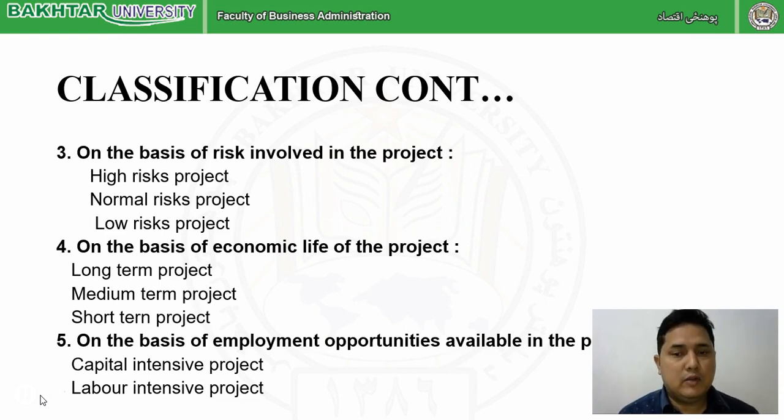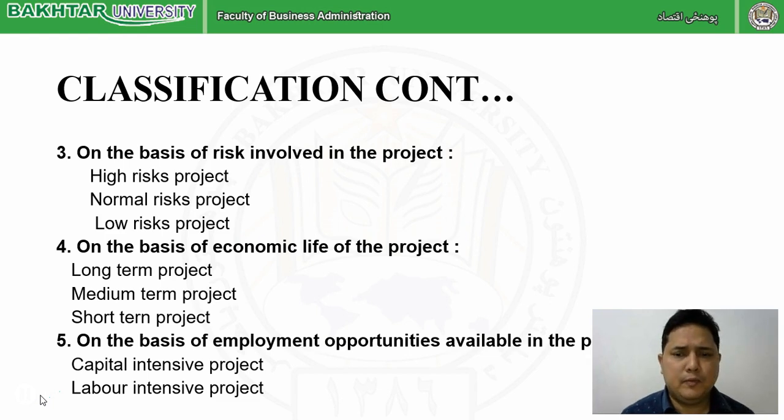Doing the research, developing the product, expending your money, expending your time, that may be a high risk project because nobody has done it before. So sometimes a project is done for the first time, keeping in mind that if you are successful, you are going to get a high reward. This type of project is known as a high risk project, where high reward is also involved.